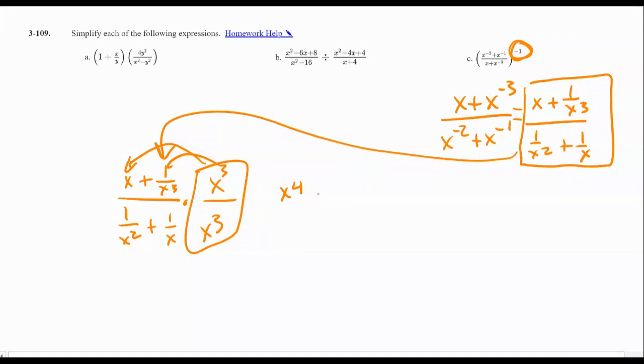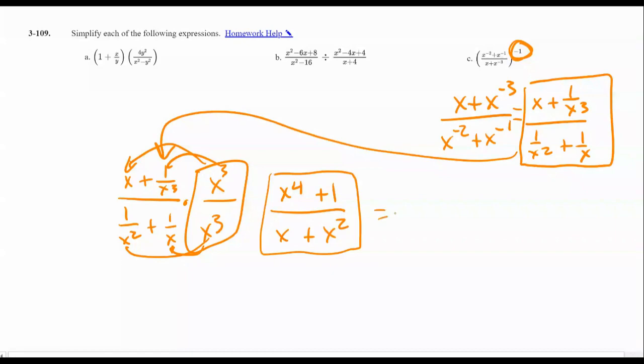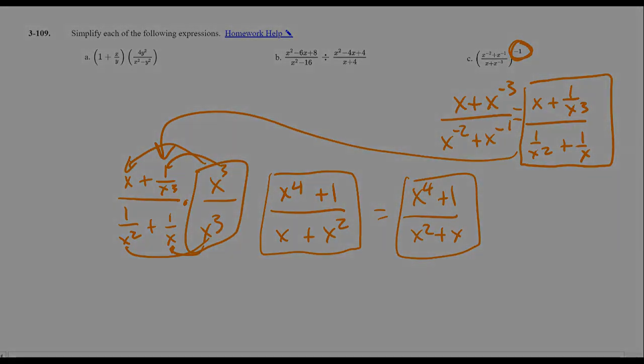I get x to the power of 4 plus 1. And then I distribute on the bottom here, and I get x plus x squared. And that is my final answer. If you want to make it look nice and pretty, it looks like that if they're both in standard form.